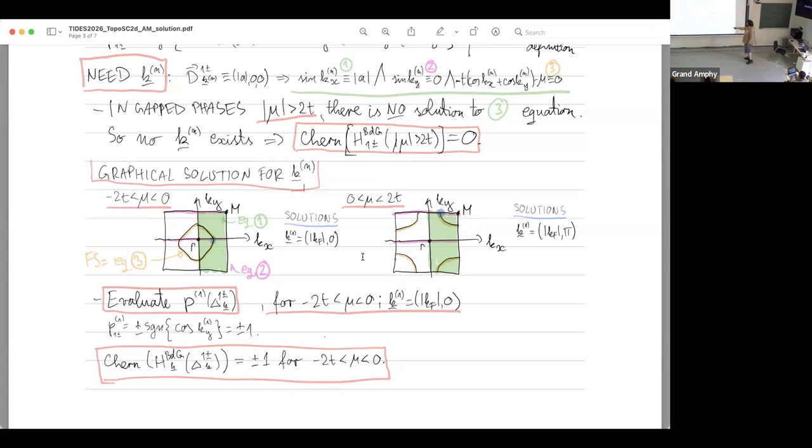And if the chemical potential is bigger, the Fermi surface changes shape. I give you that in the figure. It goes here, then the intersection happens on ky equals pi. So that's a difference. Depending on the chemical potential, the point is either there or there.